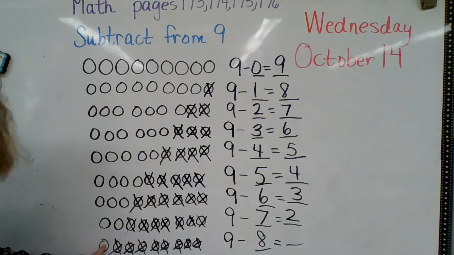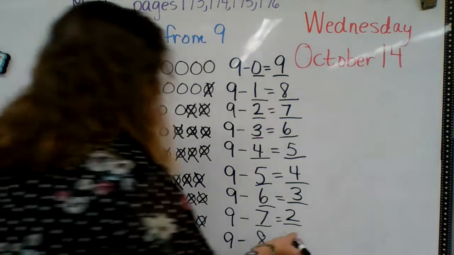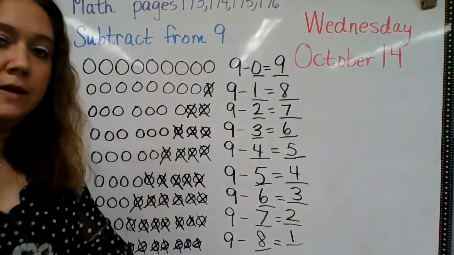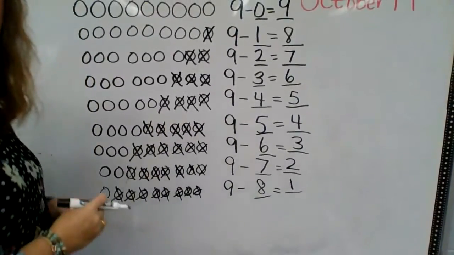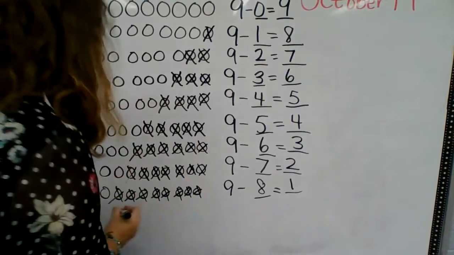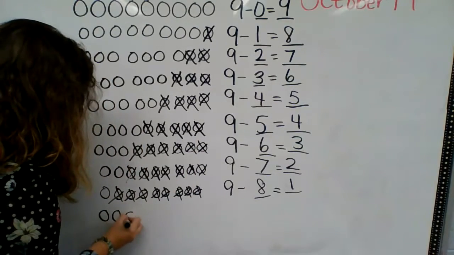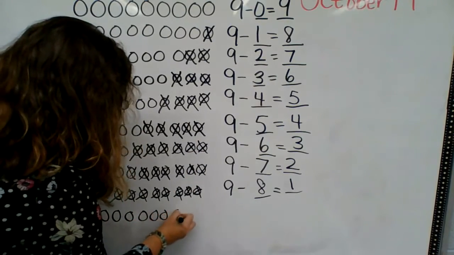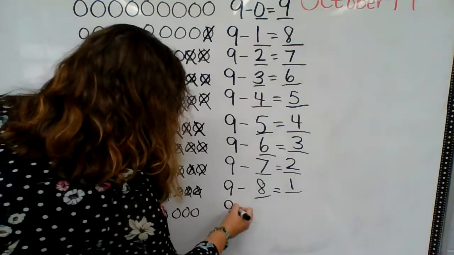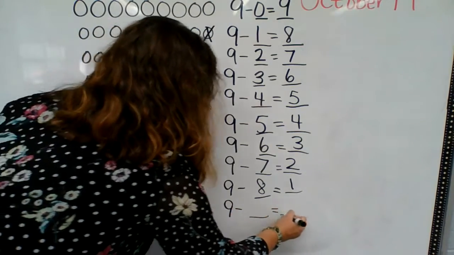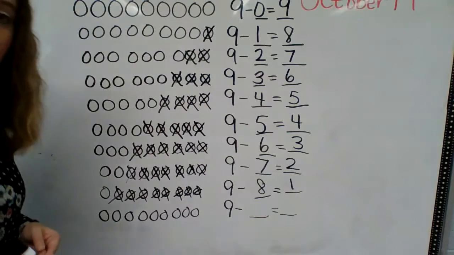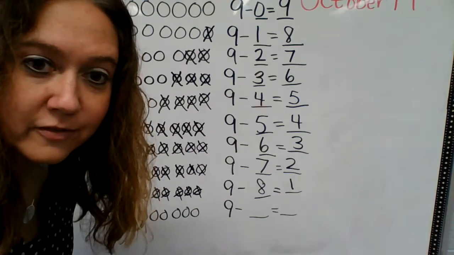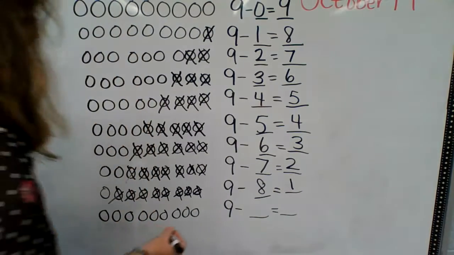Can't even see my finger. We're getting so low. 1. Okay, I'm going to make this down. We're starting as our last problem. Okay, how many are we going to cross off? All of them.